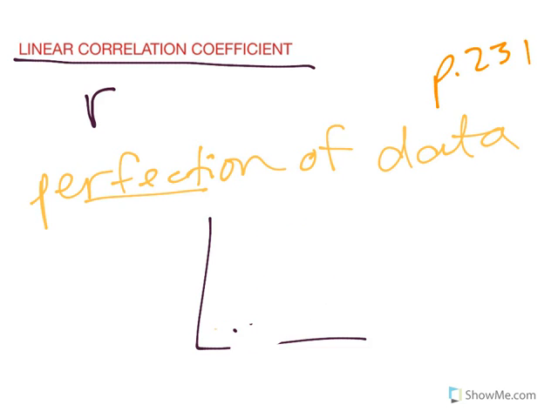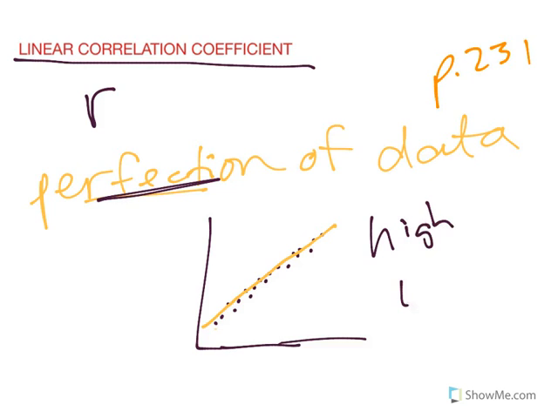Now, if I have data that looks like this, notice how all my data is very, very close to my line. I have the perfection of my data. It's almost perfectly linear. This is going to have a high linear correlation coefficient.